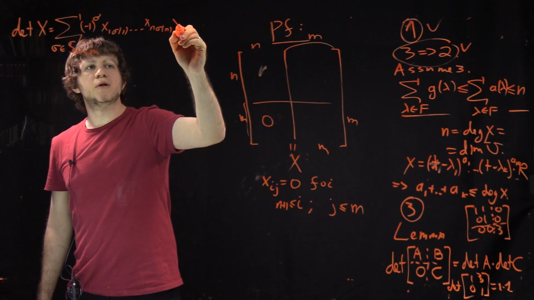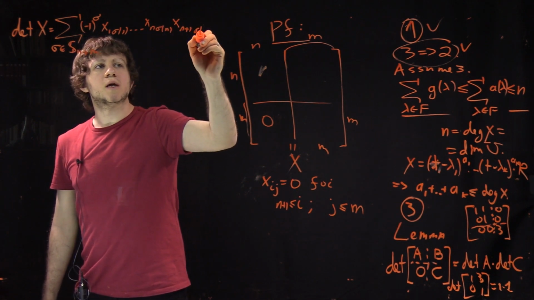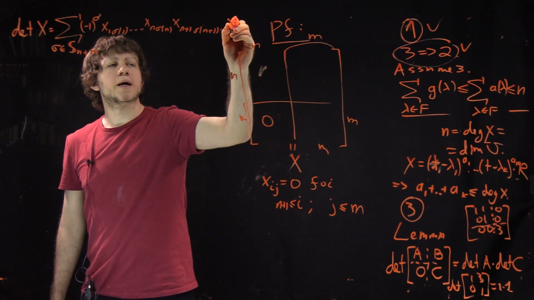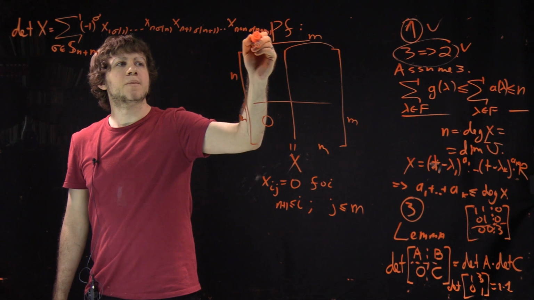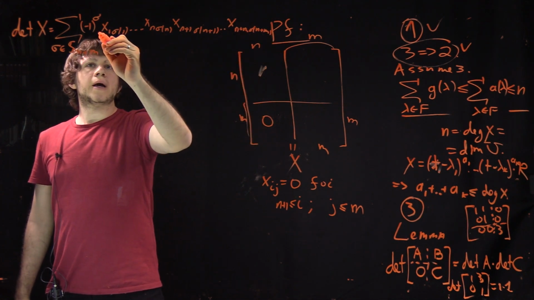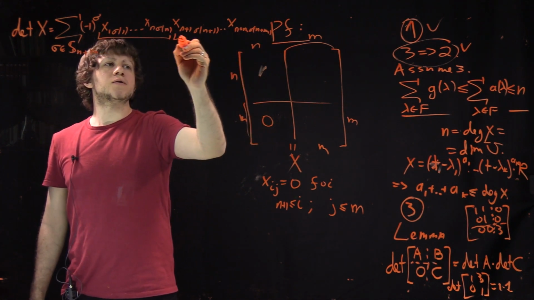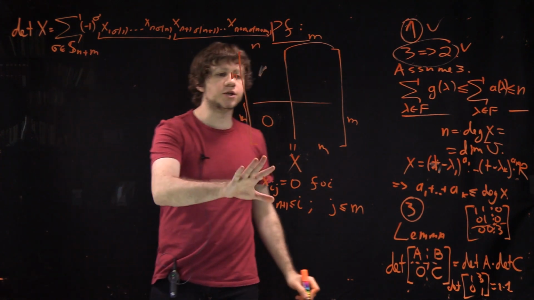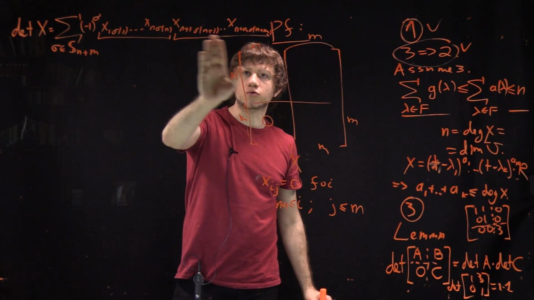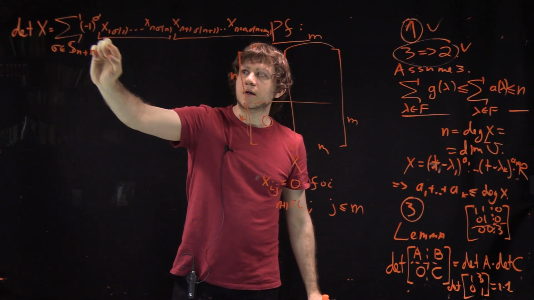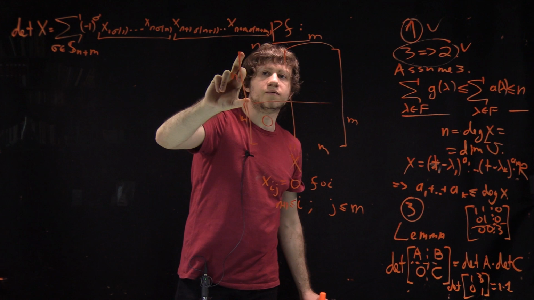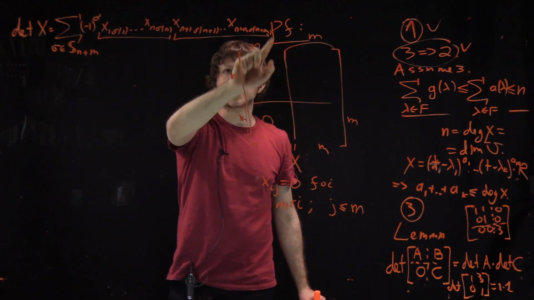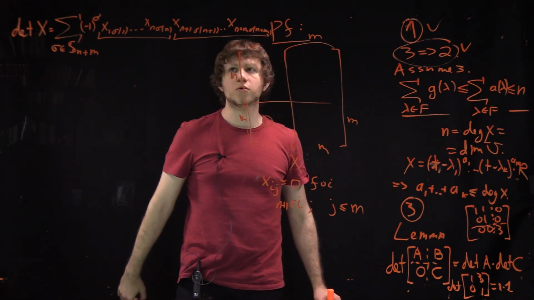I will just split it into parts: x_{n+1,sigma(n+1)} to x_{n+m,sigma(n+m)}. For us it will be convenient to think that the monomials are divided into two groups. There is a left part corresponding to the first n rows, and the next part coming from the next m rows.